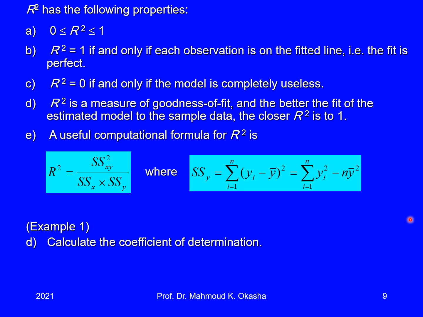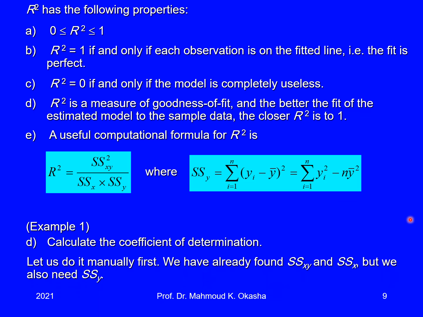For example 1D, calculate the coefficient of determination. So we can easily, using the above data, calculate the coefficient of determination r squared. So let us do it manually first.